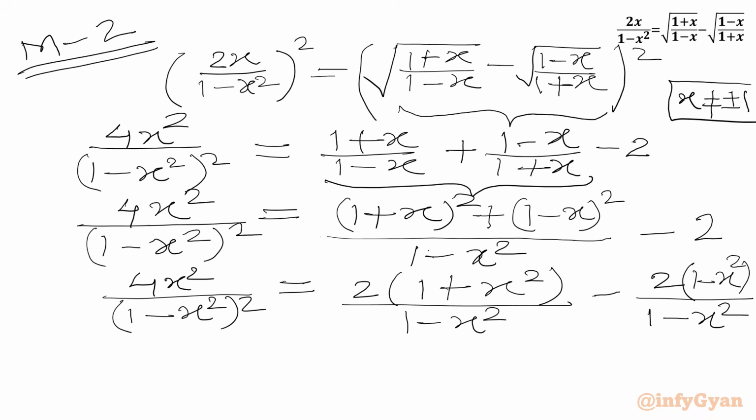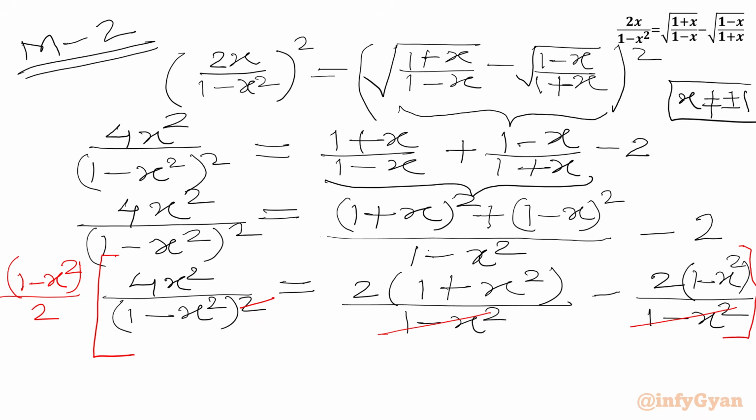Now we are going to divide our equation by 2, and we are going to multiply our equation by 1 minus x square. So I will write here, multiply this whole equation by 1 minus x square divided by 2. We are going to cancel our denominators from RHS.